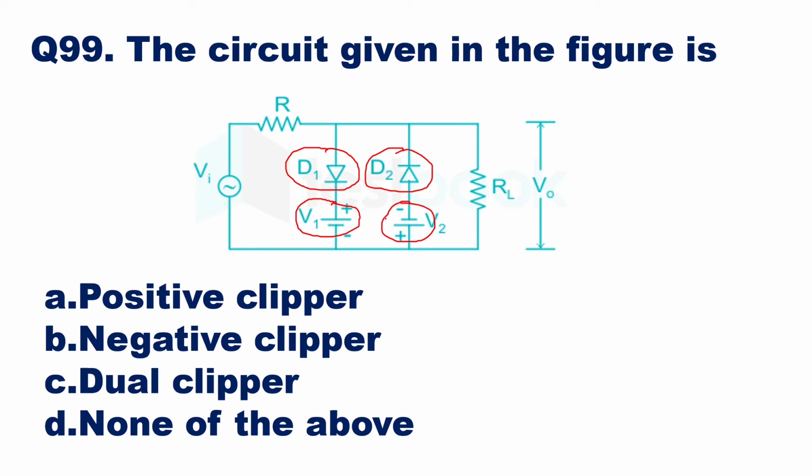Say for example, if you are having your input like this, the output can be biased clipped like this, or like this. Because it is going to clip on positive and negative side, it is called a dual clipper. So here option C will be the right answer, dual clipper. You can see the answer for this circuit is a dual clipper circuit.